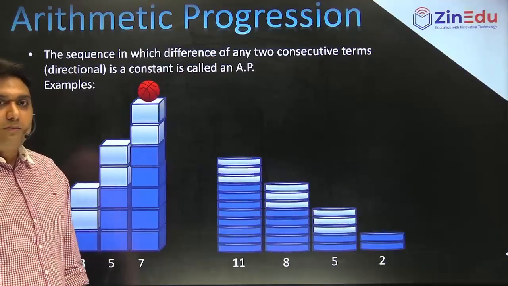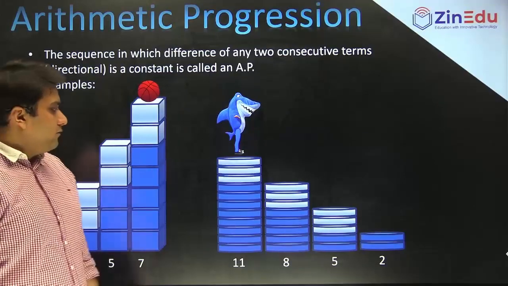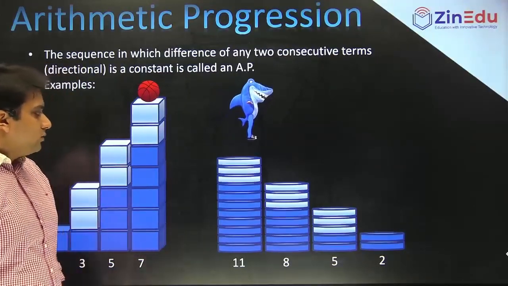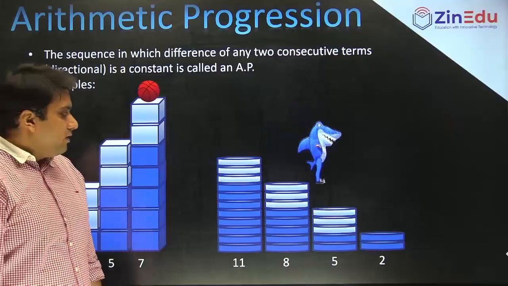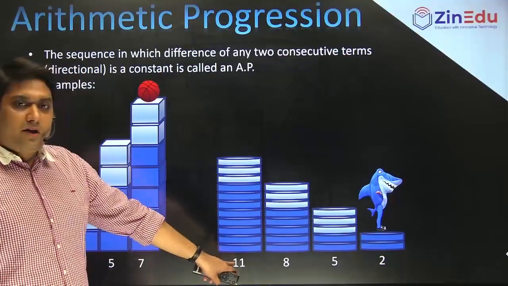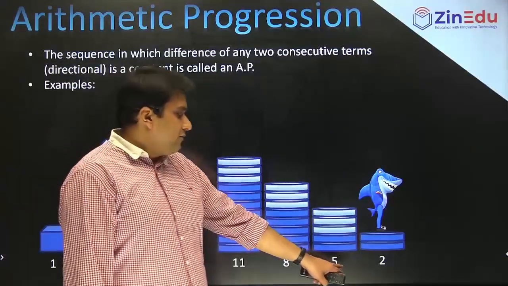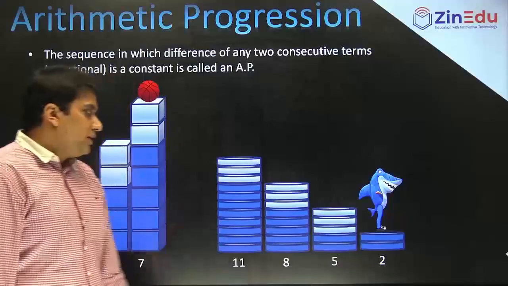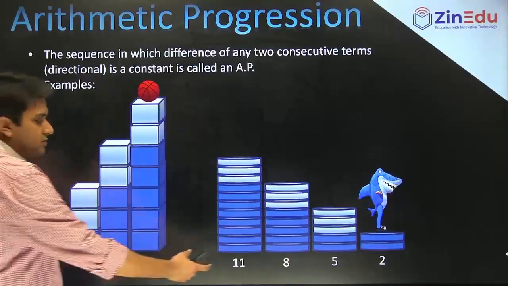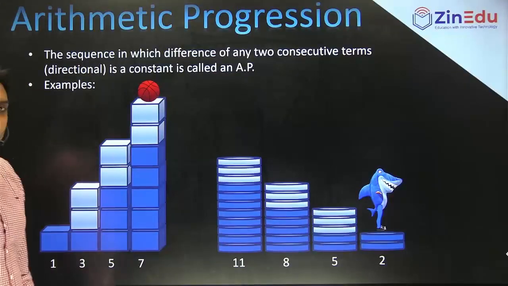Let us take another example. There is a shark which will be jumping down the track with a difference of 3. Earlier we had 11 steps, then 8, then 5, and then 2. So we can easily say that the constant difference between two jumps is 3 units.